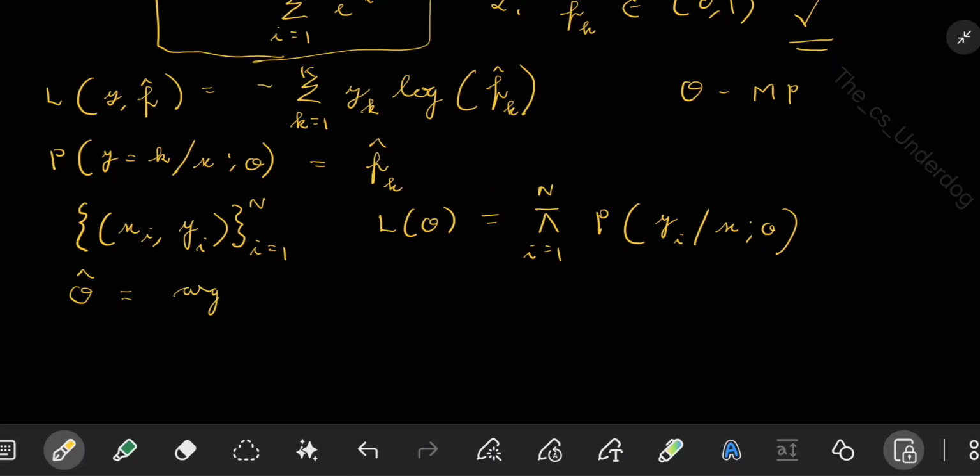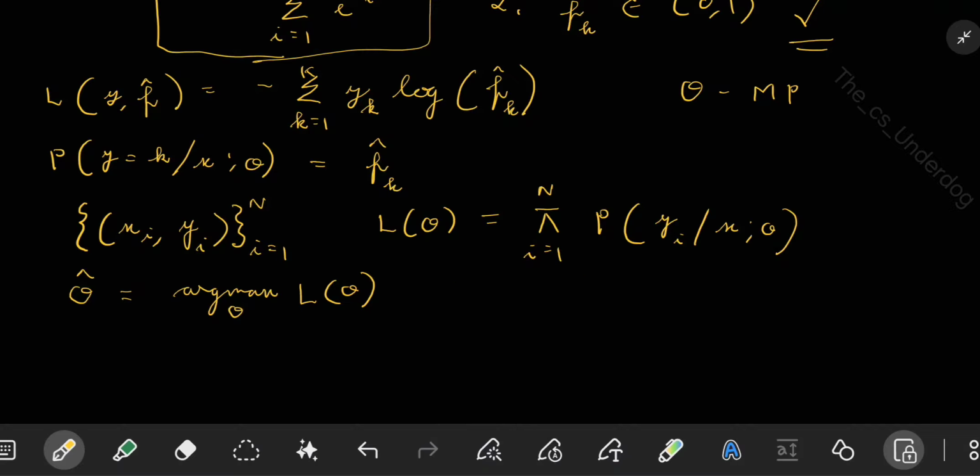It is the argmax over theta of L of theta, that is, whichever value of theta maximizes L of theta. That is theta cap, my maximum likelihood estimate. What did we learn in our previous maximum likelihood estimate classes? Whenever you want to find the maximum likelihood estimate, you should always work in logs and not in the actual likelihood.